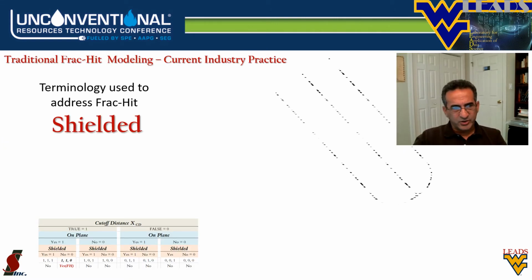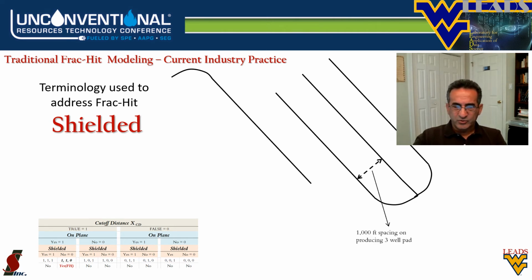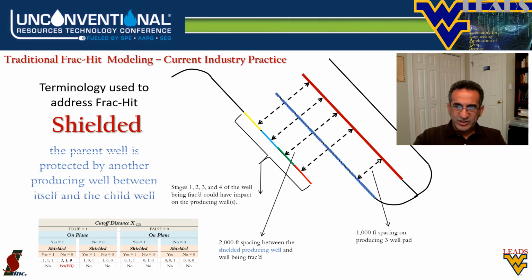Let's first talk about shielded and explain what shielded means. Shielded means if you have this pad that's producing with multiple parent wells, and then you have a child well that has 4 stages, and the well that we're talking about right now is this one in the red. The question is, does this well get frac hit as long as it's shielded by this blue well?